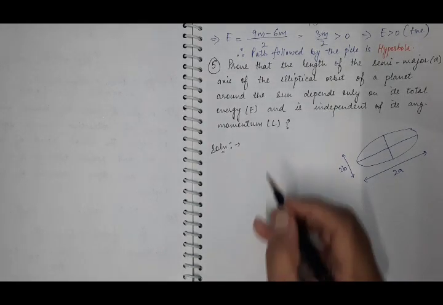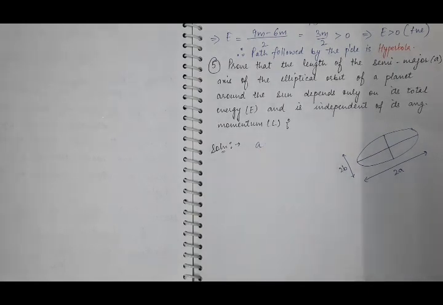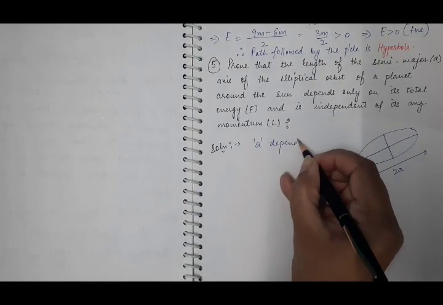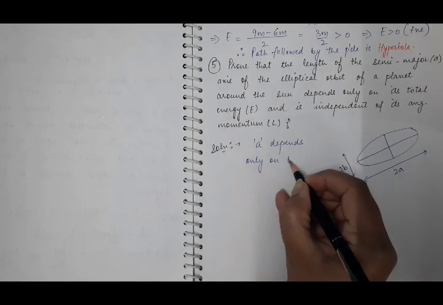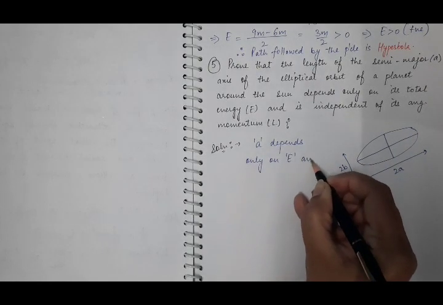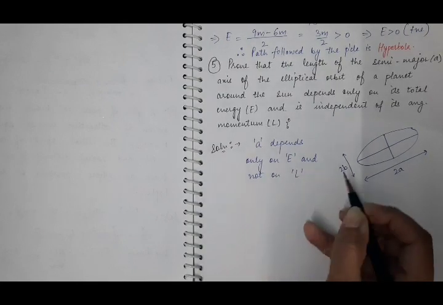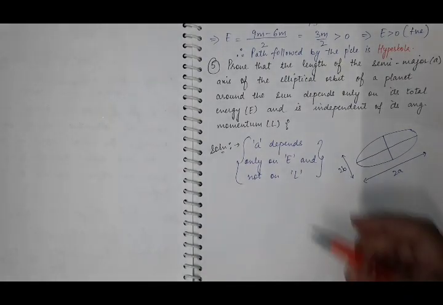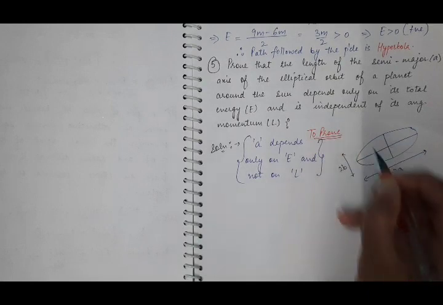So we have to prove that the length of the semi-major axis, that is a, depends only on the total energy, and not on L, that is angular momentum. This we have to prove.